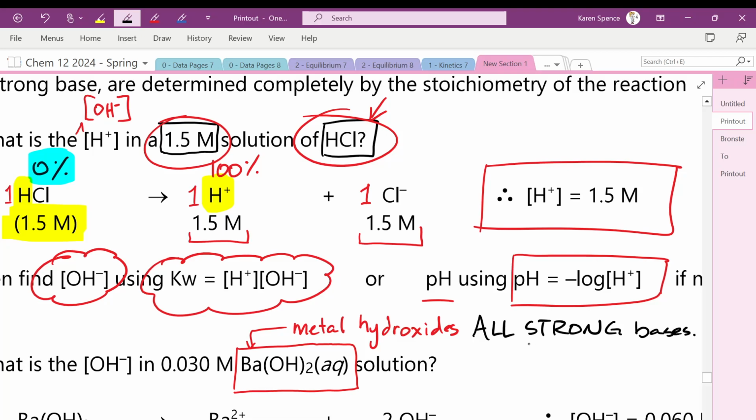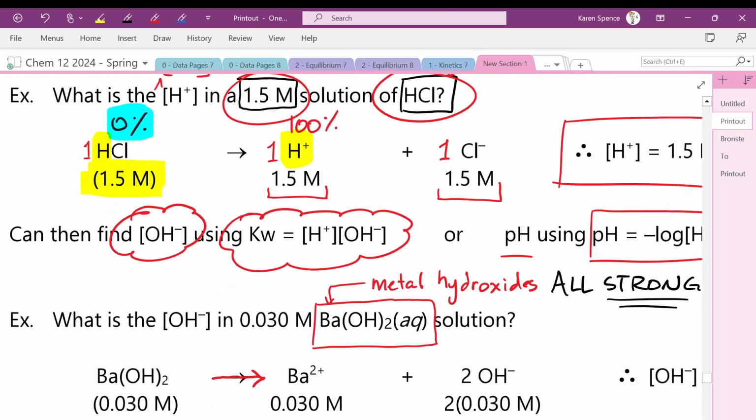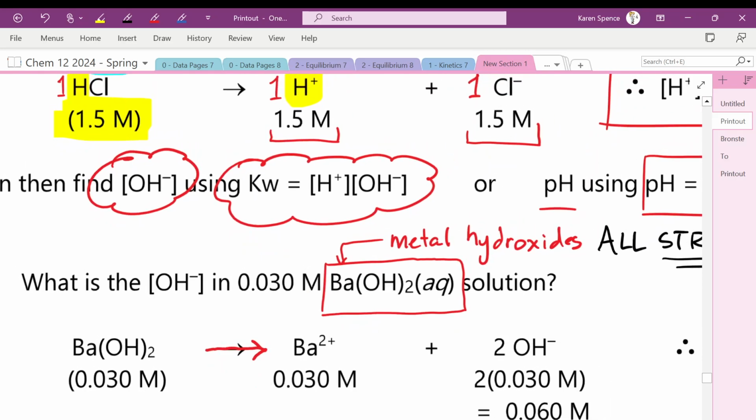So, because it is a strong base, that means it goes to completion. Okay, so when we draw our arrow, it's going to go just one way. And the thing that's different about this one is that we have this little 2 down at the bottom of OH. So every time it dissociates, we don't just get one hydroxide, we get 2 hydroxides.